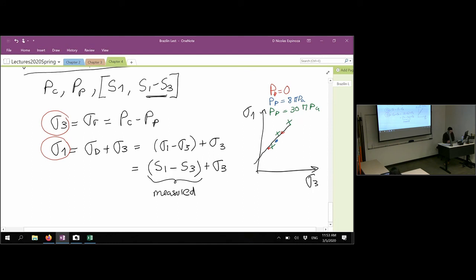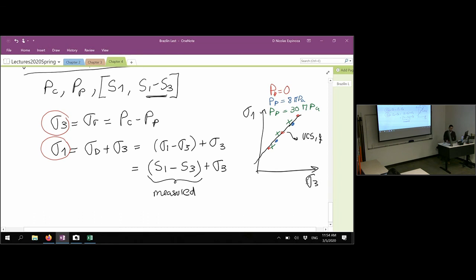You fit a line, and from this line you get UCS and the parameter Q. And you're going to observe that regardless of what the pore pressure is, the rock is always going to fail at more or less the same ratio or the same relationship between sigma 1 and sigma 3.